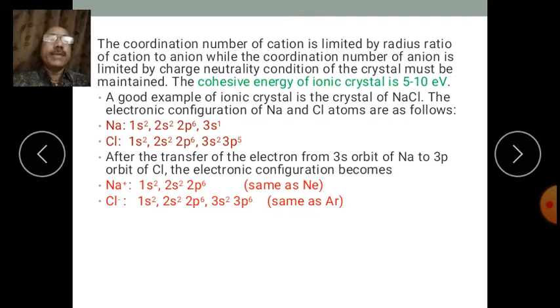Argon's atomic number is 18, and the atomic number of chlorine is 17, and the nearest inert gas atom to chlorine is argon. So these two atoms acquire electronic configuration similar to the nearest inert gas atoms.